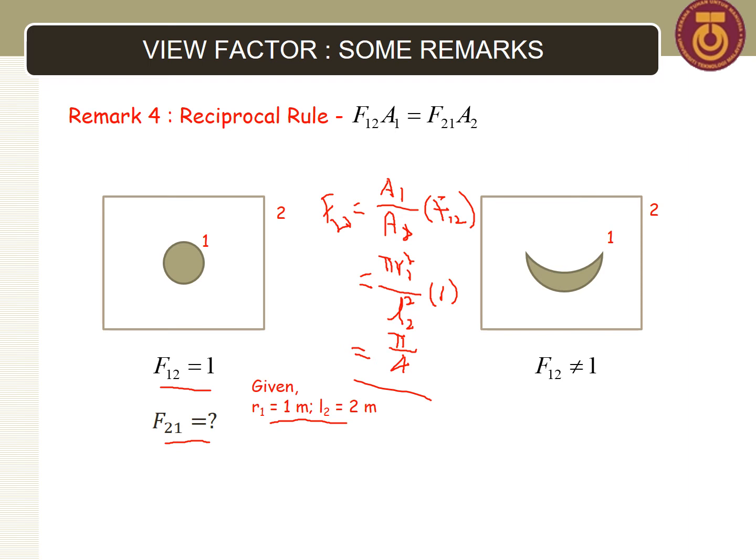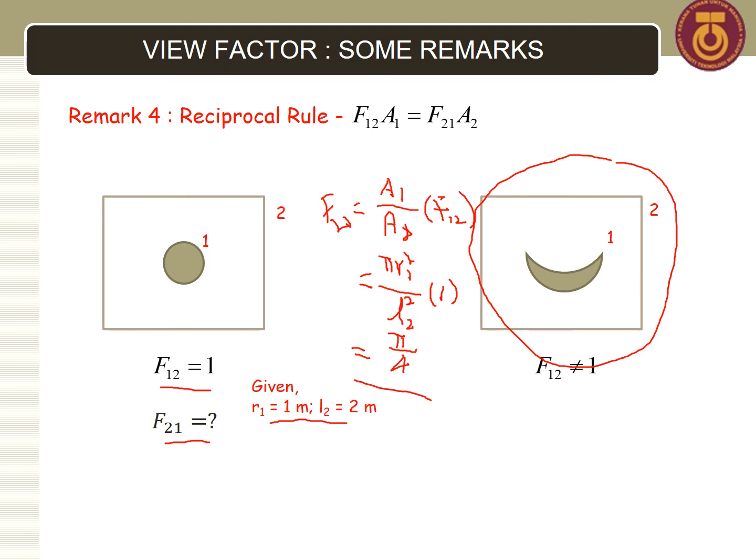If the conditions are met, it enables us to determine the view factor. But for case number 2, on my right hand side, in this case surface 1 is a concave surface, and we don't know what F12 is.